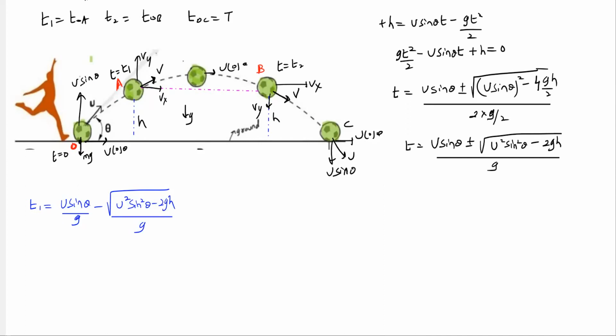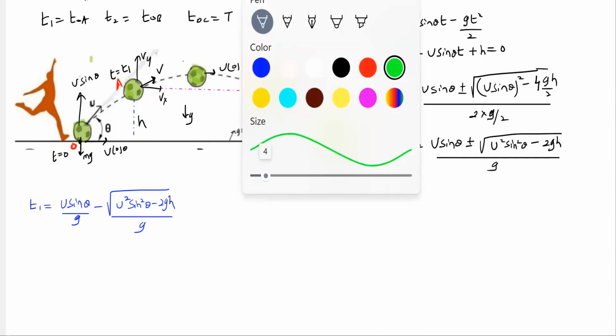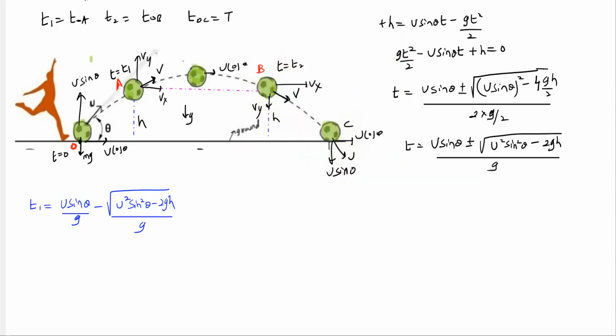And what about the other one? The other one is u sin theta by g plus the square root of u square sin square theta minus 2gh, whole divided by g.